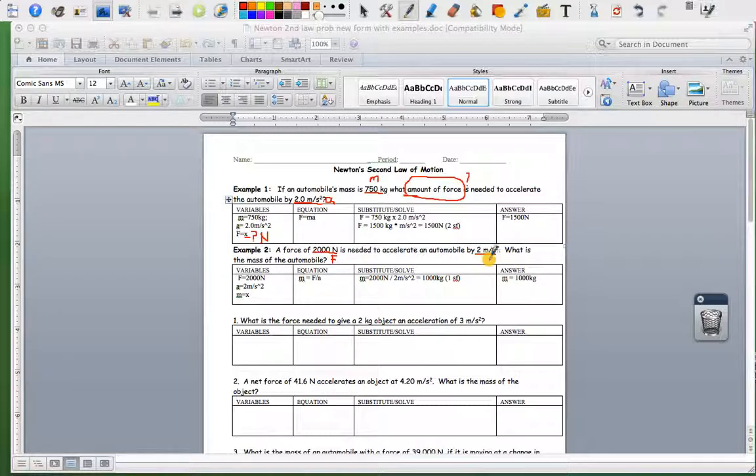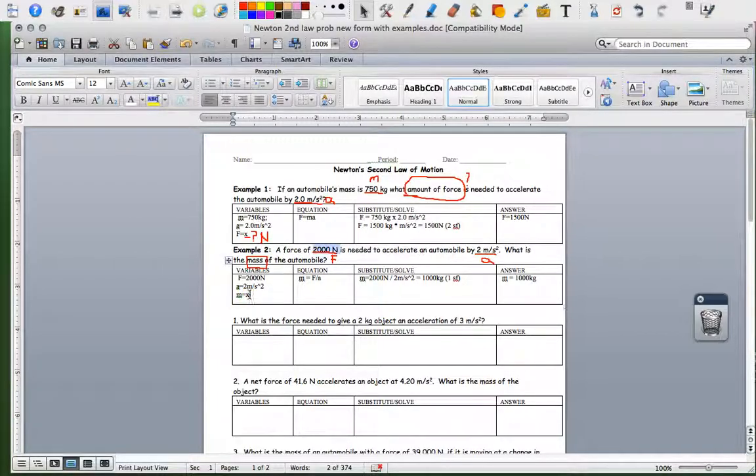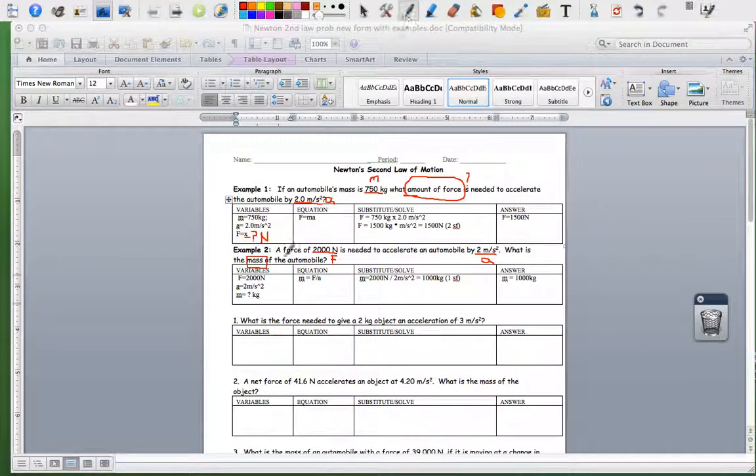That's your A. And the question is, what is the mass of the automobile? So mass is what we're looking for. This is our question. And remember, mass is going to be in kilograms for all of the problems like this, so make sure you write kilograms down as well.